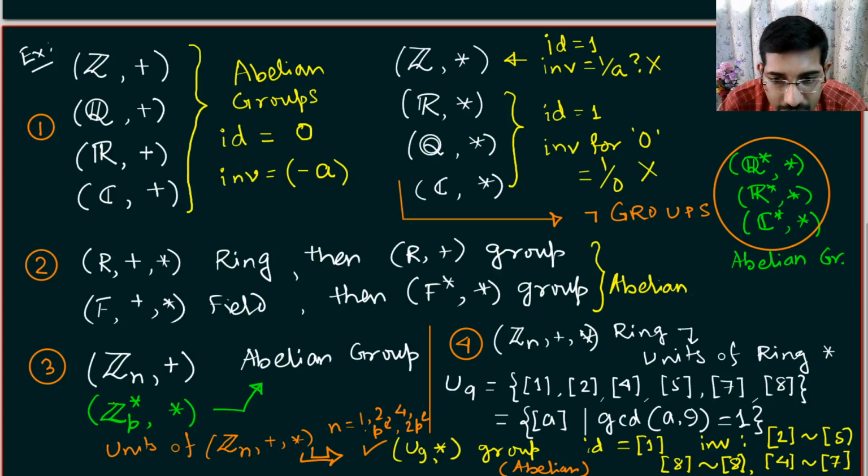Please verify and think over why I gave these conditions, and why the others do not form a group. So the units of Z16 will not form a group, whereas the units of Z17 and the units of Z18, which is 2 times 3 squared, so 2p to the power e, will form a group. Please try to understand by working through some examples of this.